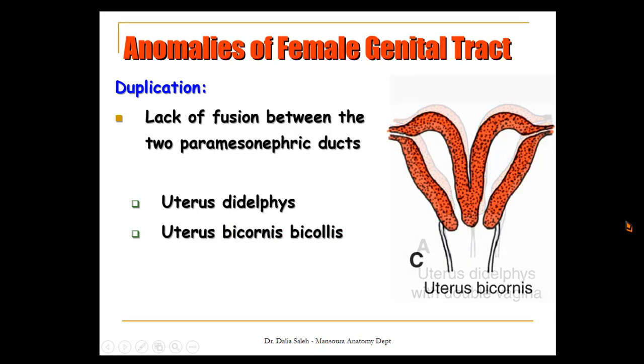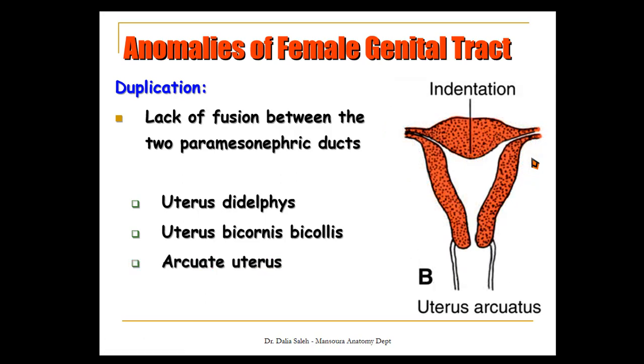Or we have something called uterus bicornis. In this one, we have double uterine bodies, double cervix, and single vagina. Or arcuate uterus, where there is some indentation of the lumen of the body of the uterus.